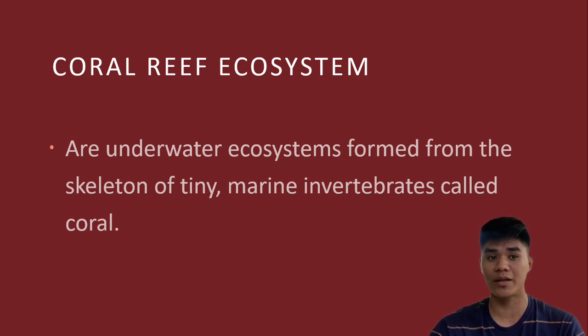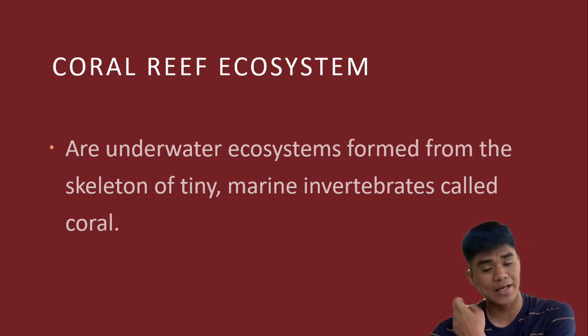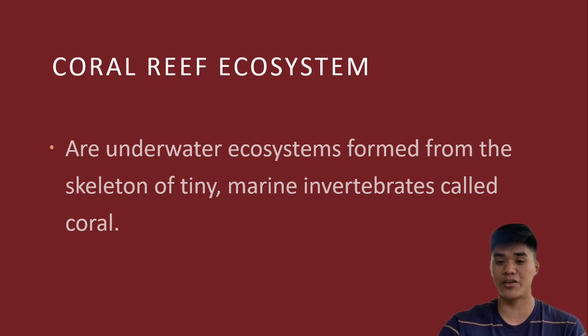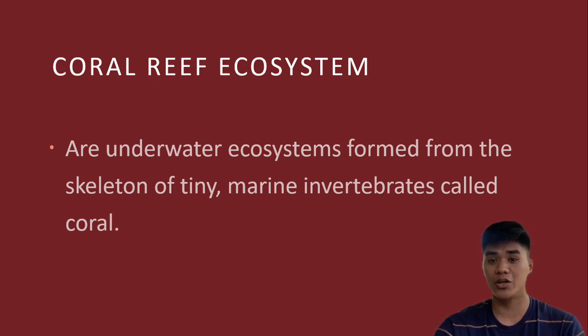It is similar to a tropical rainforest because the coral reef represents trees and grass, as you can see in the picture, where it looks like a tree. That's right.